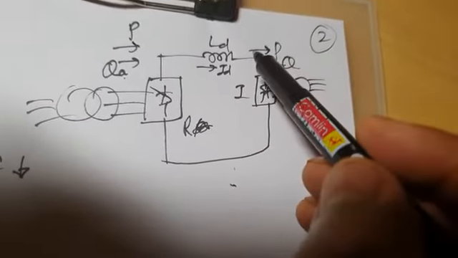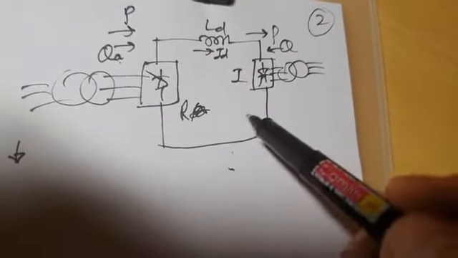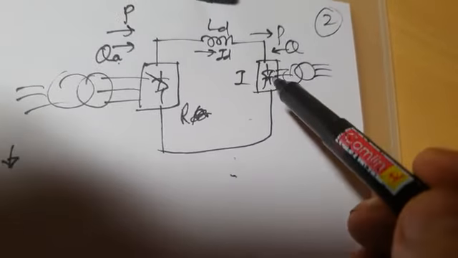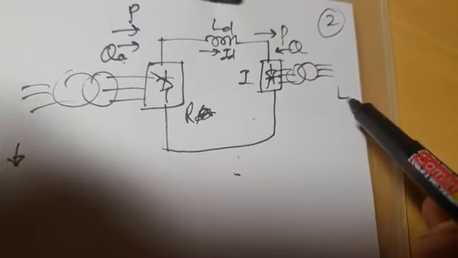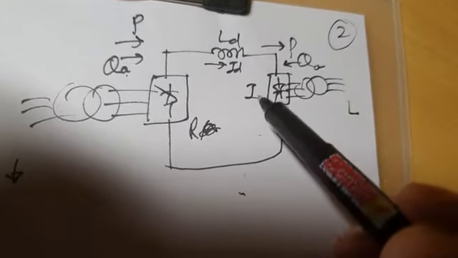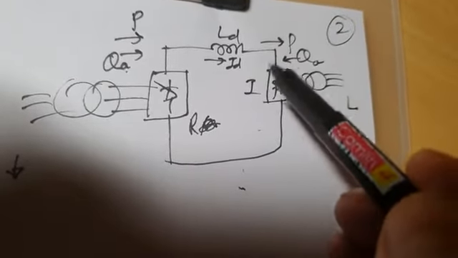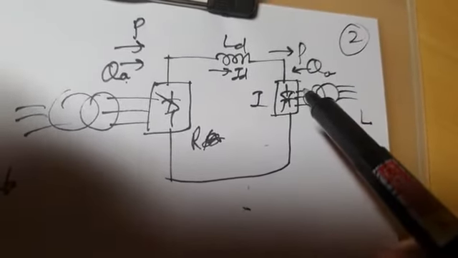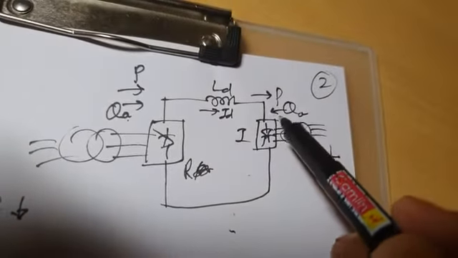Similarly, on this side you have DC power, and then that goes to the AC side and is fed to the load center L. Okay, but reactive power QA flows in this direction because this converter also operates at a certain delay angle, and corresponding to that delay angle it demands reactive power.